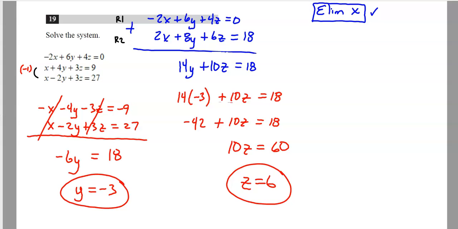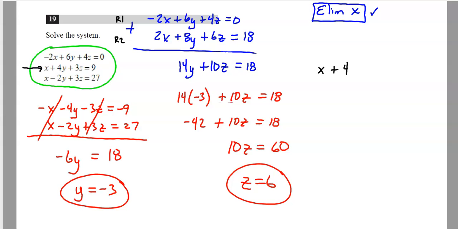And now that z equals 6, I should be able to go back to one of my original problems. So I get to choose, from any of these, where to plug my y and my z in. That middle row looks really nice because it's all positive and there's no number in front of x. So I'm going to choose that row.